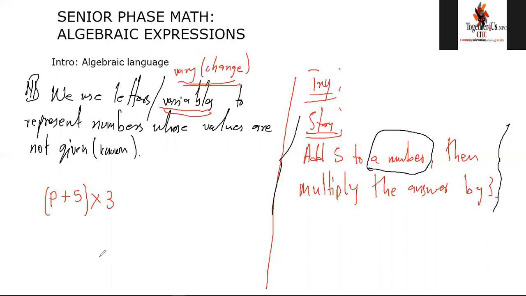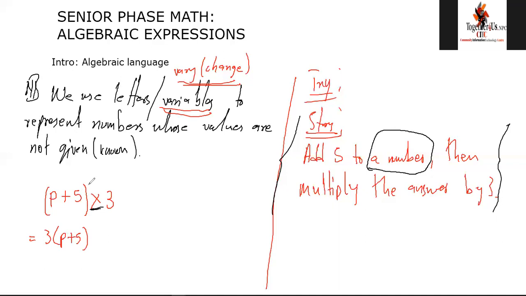That's what it says. So what I can do is I can write this expression now as 3 open bracket p plus 5. And when I have done this, notice that I do not now put this multiplication sign. Why? Because in mathematics, brackets also mean multiplication.